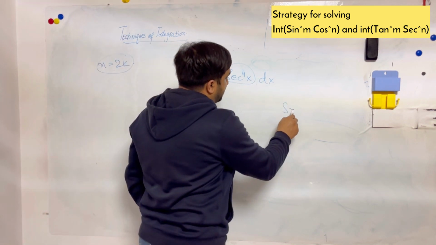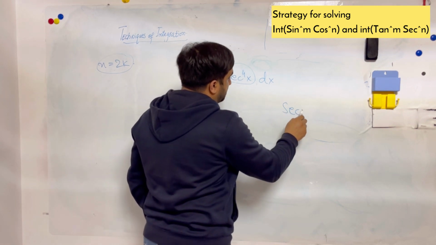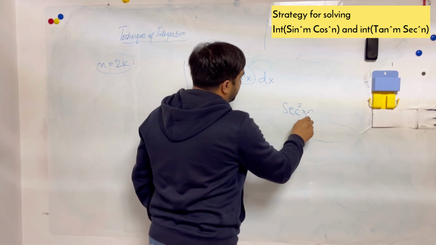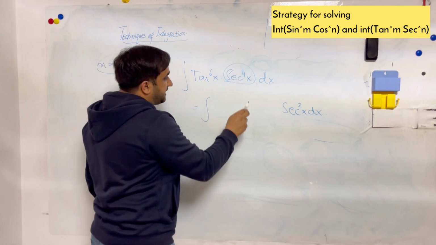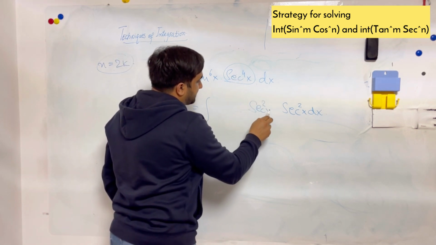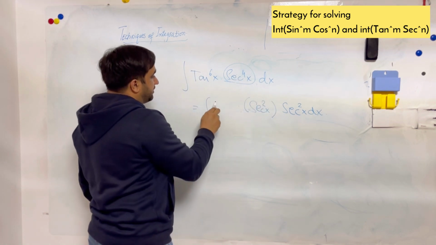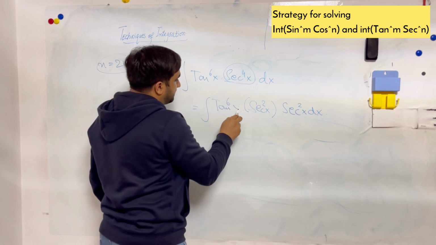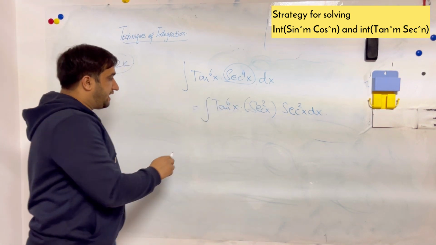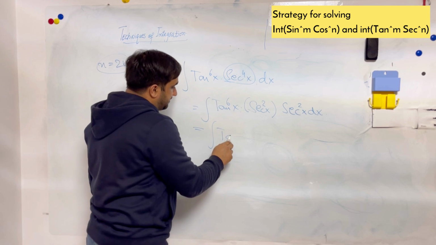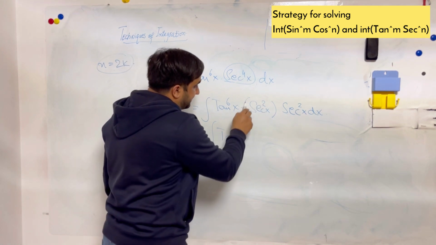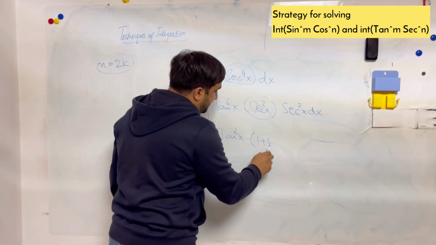Like one secant square from this 4, I am going to keep with dx. So what is remaining? The remaining is secant square x into exactly tan^6 x. Now I know that secant square is equal to 1 plus tan square.